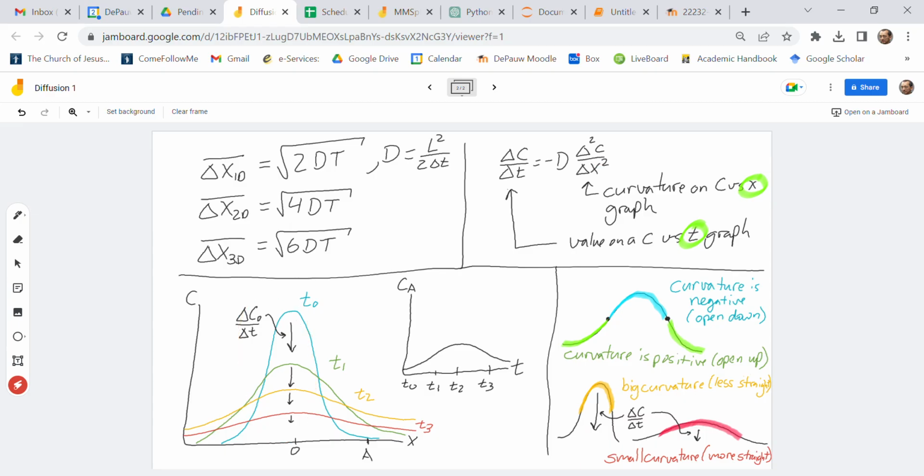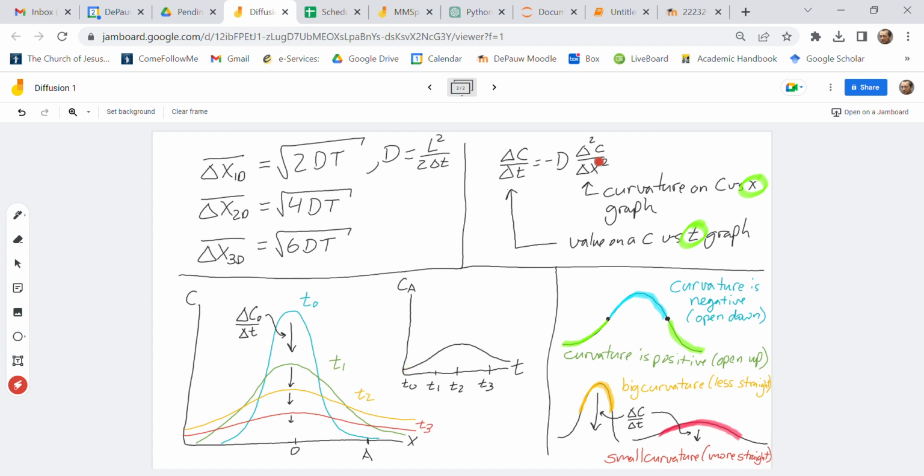Now, one thing to think about is let's focus at one spot here. So if I'm sitting here at A and I'm measuring the number of molecules or the concentration at that point, and I measure it as a function of time, that's what this graph is doing. So I measure the concentration at point A for time. Now, initially it's very small, some small value.